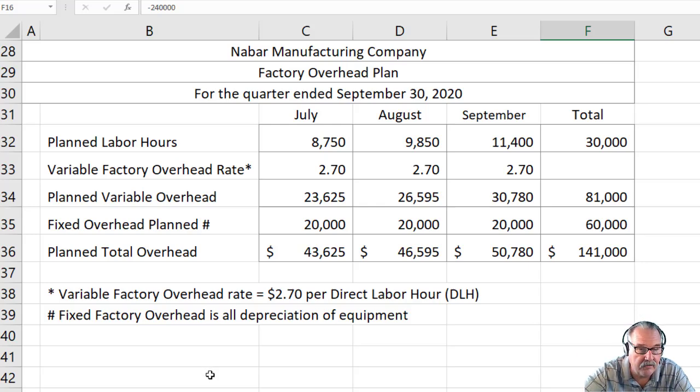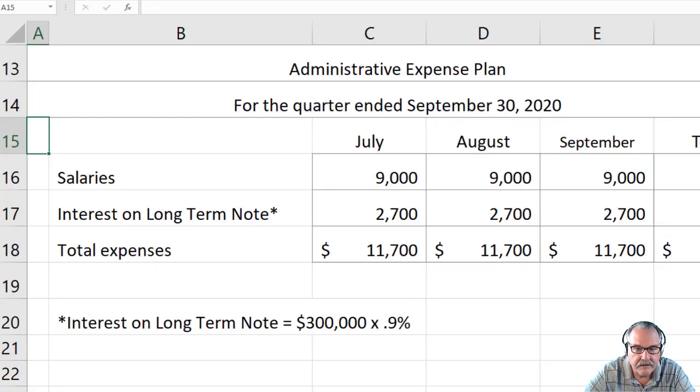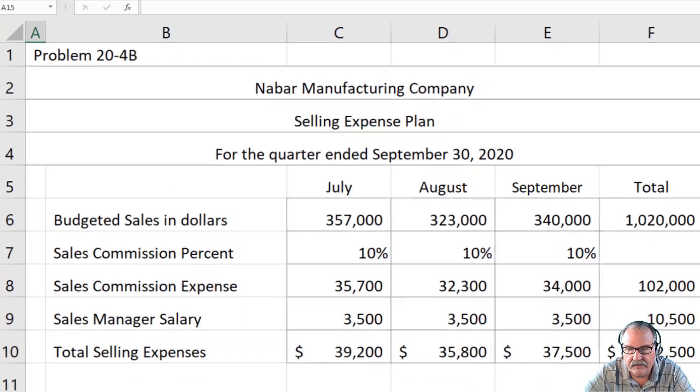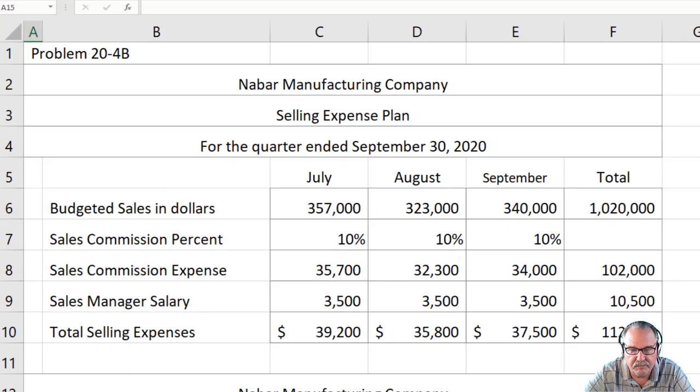So we've gone through sales, then our 3 product costs, materials, labor, and overhead, and now we can look at the selling and administrative expenses. For the selling expense plan, we have some sales commissions at 10%. So we're going to bring the sales from our sales plan and multiply it times 10%.